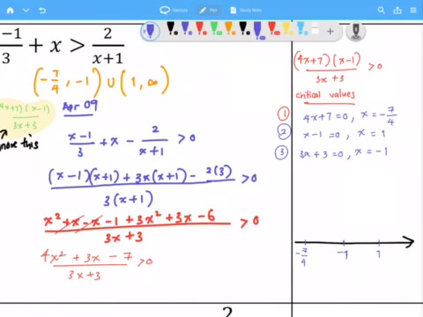Now we focus on the first critical value, negative 7 over 4. If we substitute it in, you will get 0. 0 multiplied with anything here divided by anything here, you will get 0. But since we do not want to include our 0 value, we do not include negative 7 over 4.